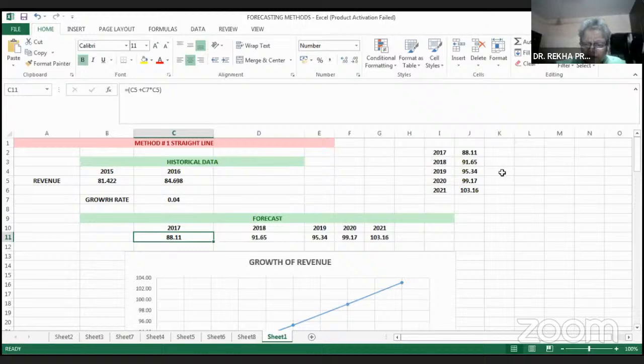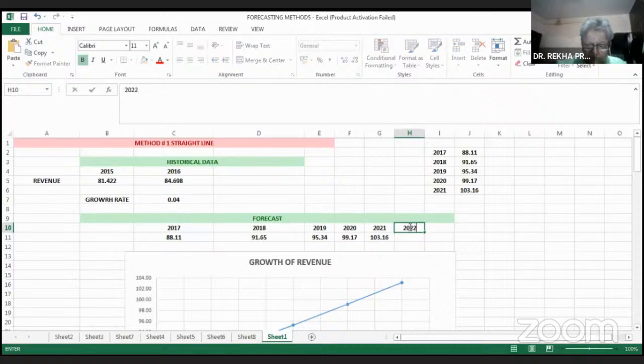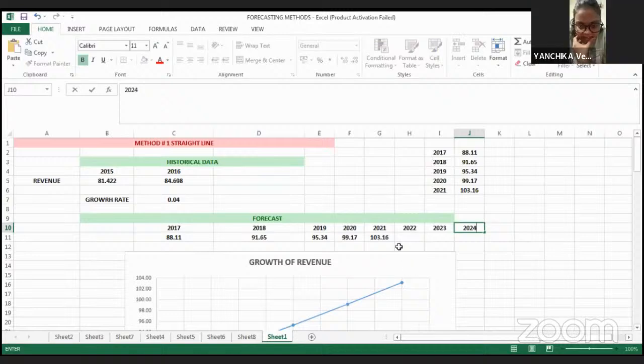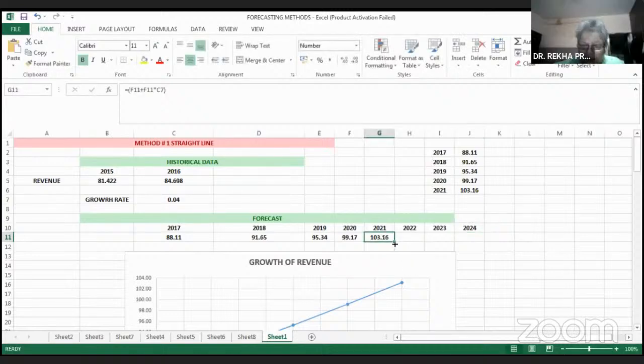You can extend this to 2022. You just drag this, it will copy the formula and give you the values.